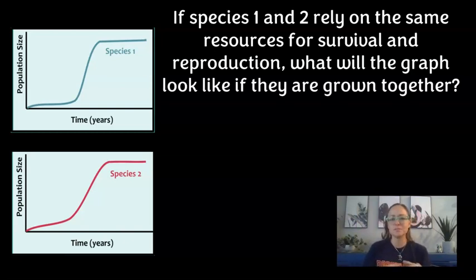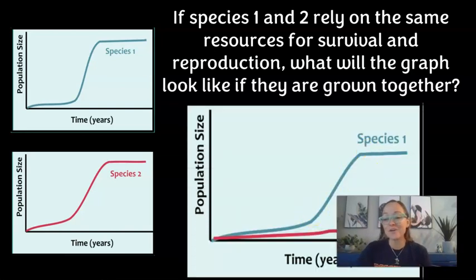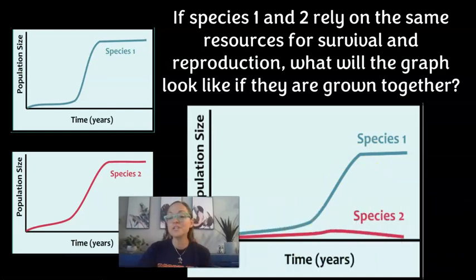However, if you grow these two species together, let's say they're two different species of bacteria, or maybe little protists in a limited water tank environment, neither one will reach its full potential. One of the species will outcompete the other.